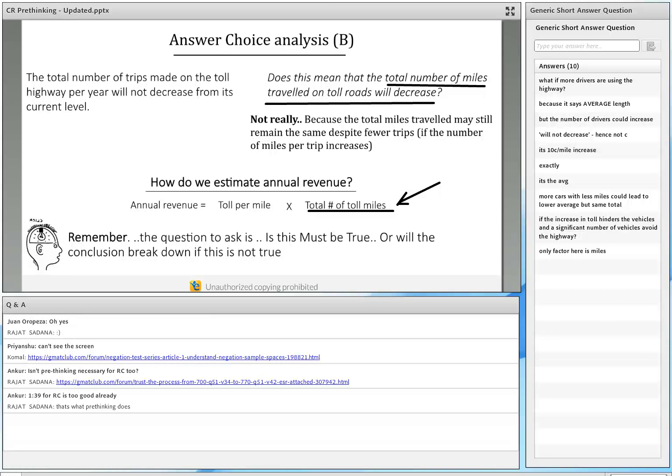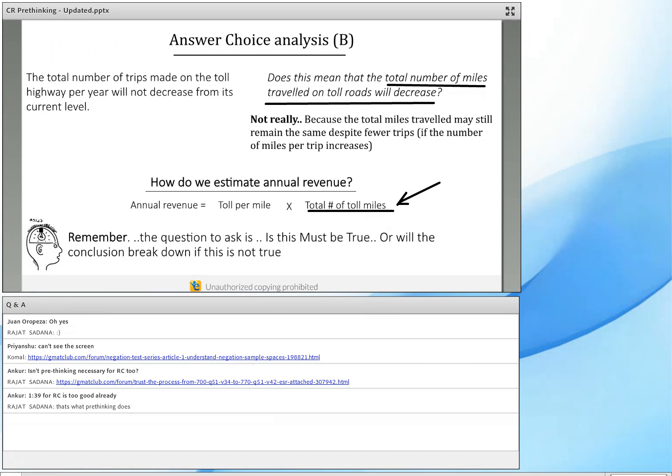Okay. In other words, one of the things that should be forming in your mind as you see these questions, and I'm going to remove the short answer part, is we have to focus on this total miles. Sorry, wrong annotation. We have to focus on this part, total miles. So what is total miles?